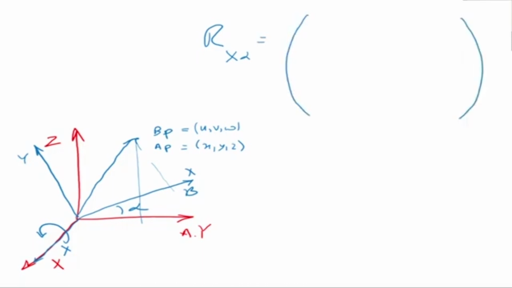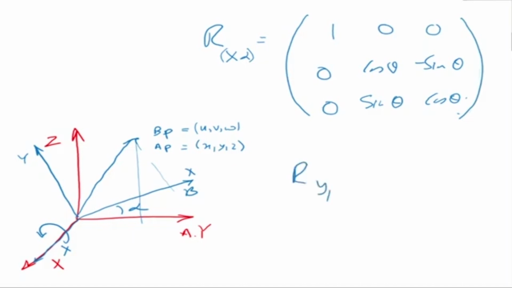If you can guess, it is a rotation about x-axis, so the coordinate on x cannot change. Okay, so this is cos theta, minus sin theta, this is sin theta, this is cos theta. Okay, now this is for rotation about x. Now as a homework, you can find out rotation about y. Okay, exactly the same way.